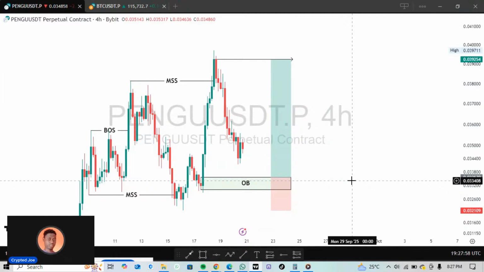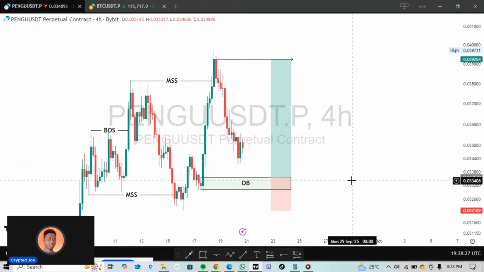Now I know some of you by now have the idea of risk management, where you decide, for example, with this $5 account, that you want to enter the trade with $0.5 or $1 and use 10x leverage. So you multiply the amount you want to enter the trade with by 10x leverage.